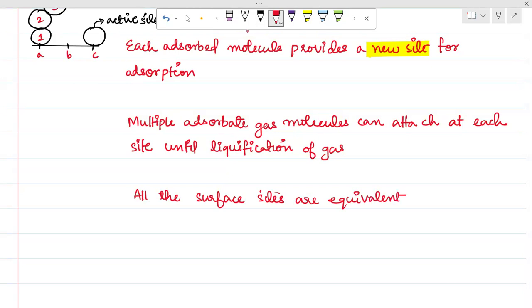And last, what they say is the adsorbed molecules are immobile. They cannot move once they are adsorbed. Adsorbed molecules are immobile. That's it.